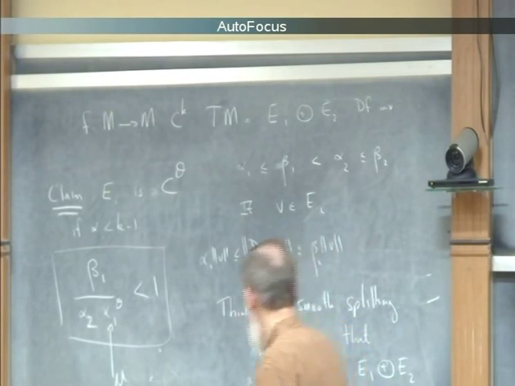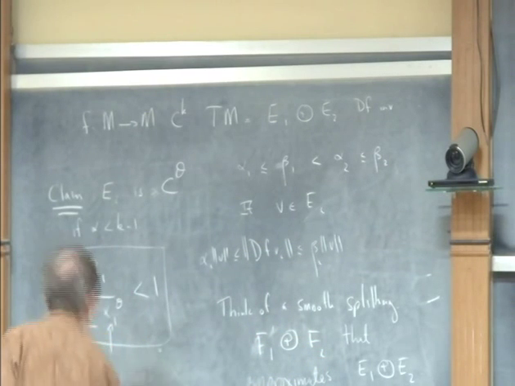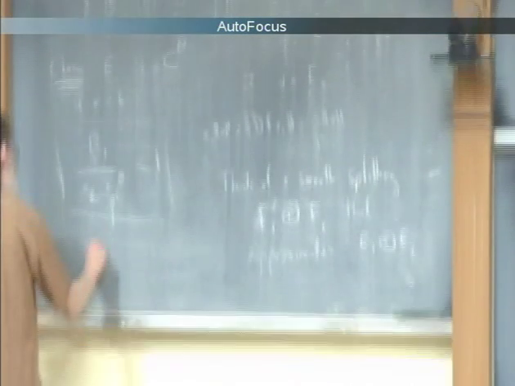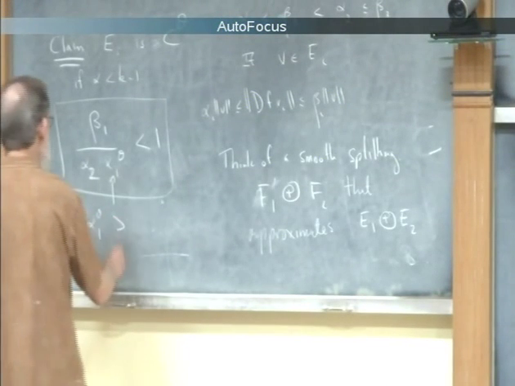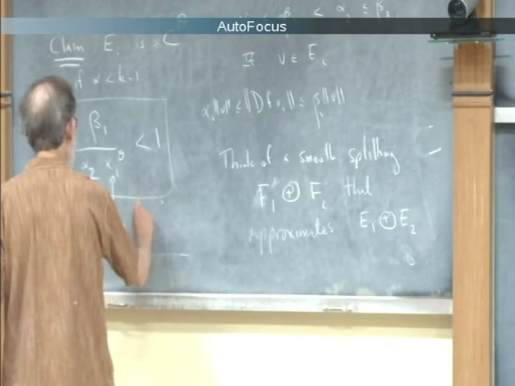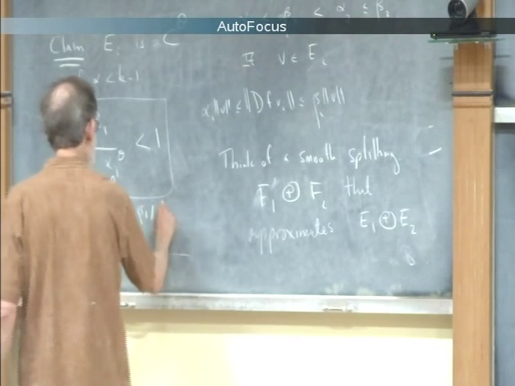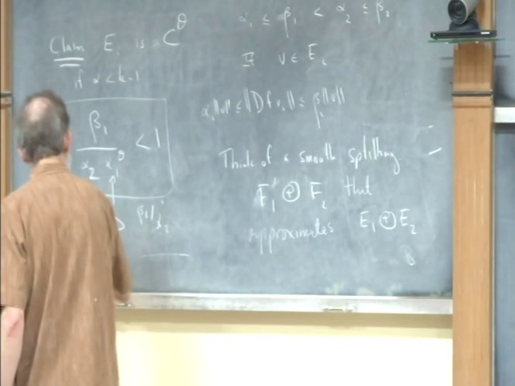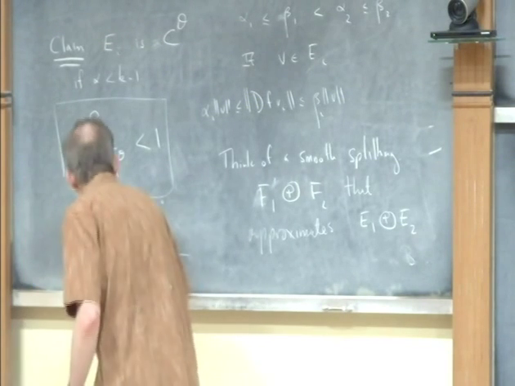So if I rewrite this estimate, I have alpha 1 to the theta bigger than beta 1 over alpha 2. So I think that should be okay.